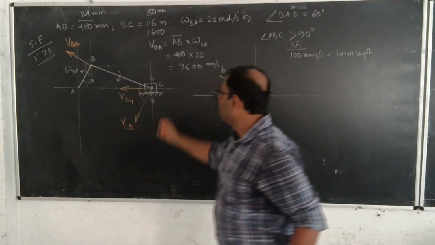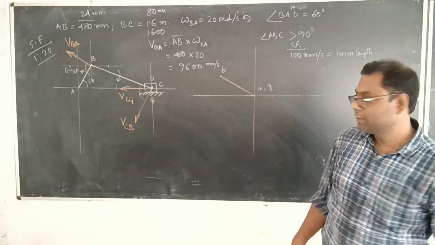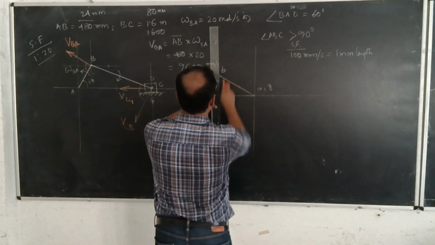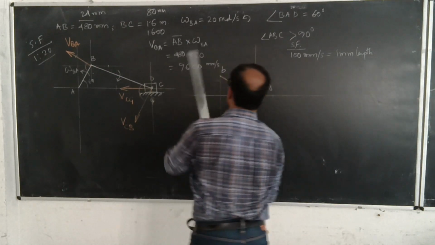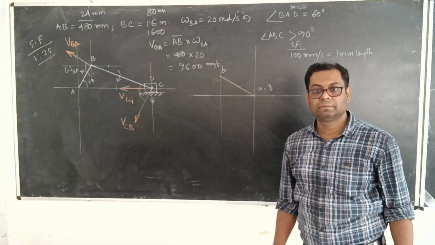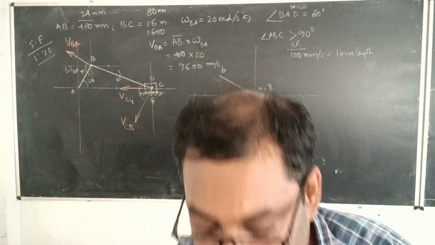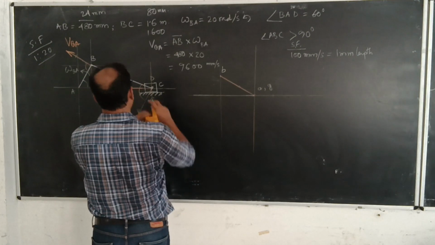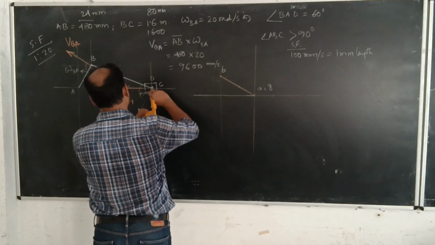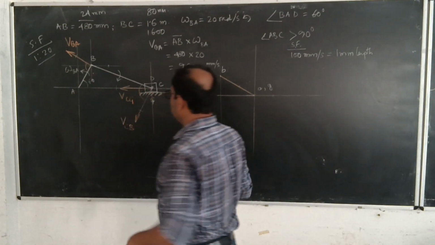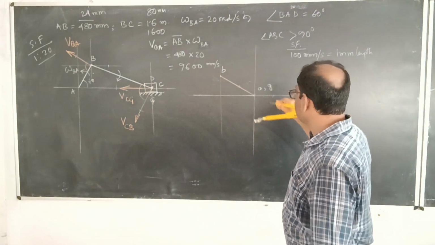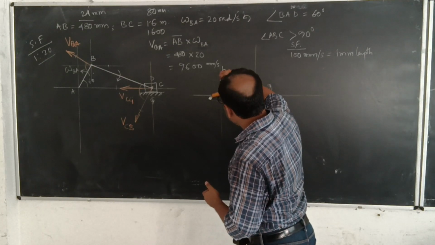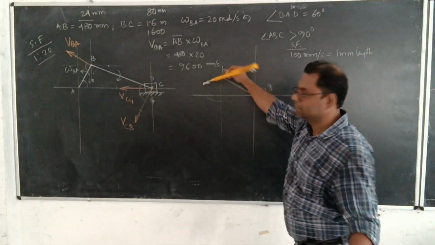We have to draw a vertical line, something like that. As I have shown over here, correctly you have to draw it, and then using a compass, you just take any arc length, and you have to take the same arc length again over here.